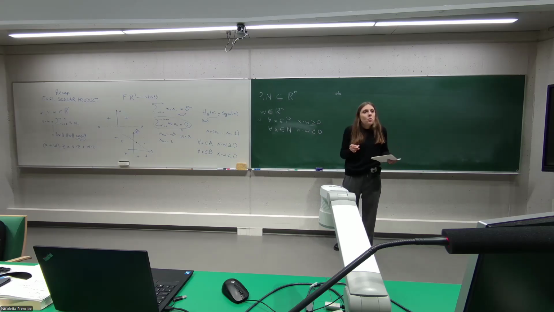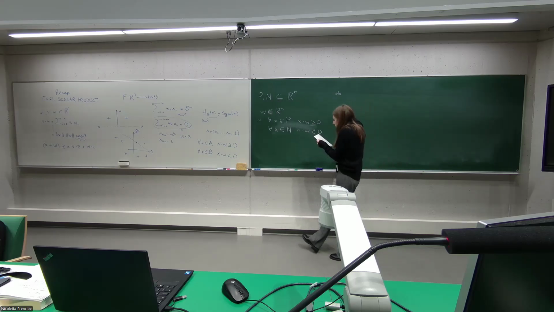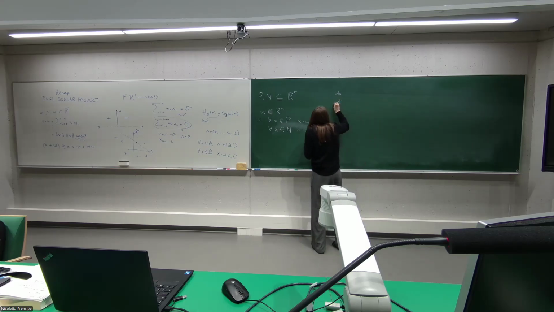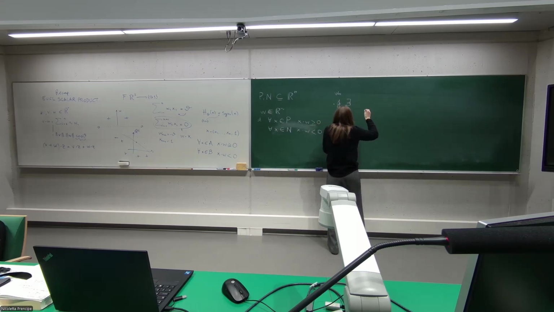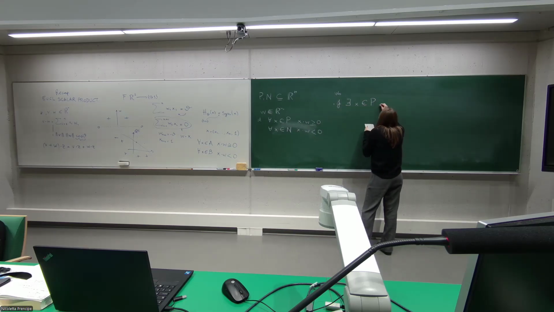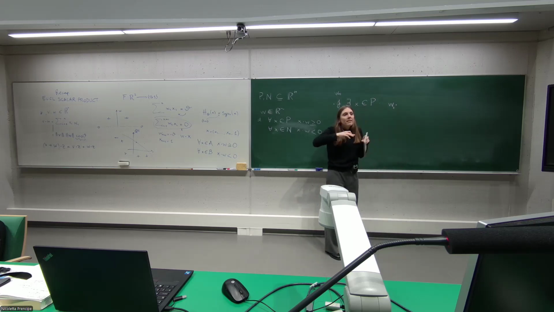The question comes: what if I find in my random selection something that is not correctly classified? So what if I find a vector? There are two cases. If there exists an element in P such that W at time t is updated just if we find something like that.